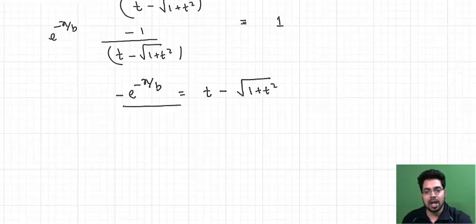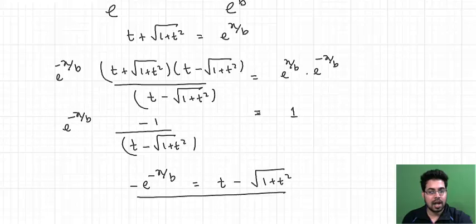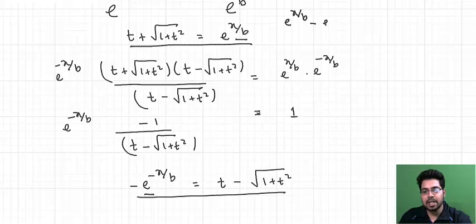Now I will add this equation and the previous one. If I add these two, e to the power x by b minus e to the power minus x by b is equal to 2t.